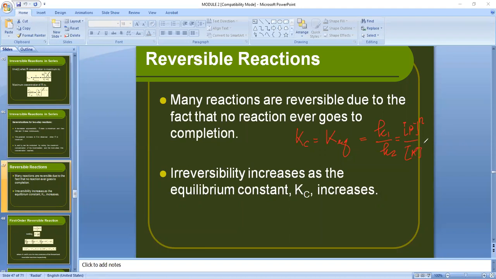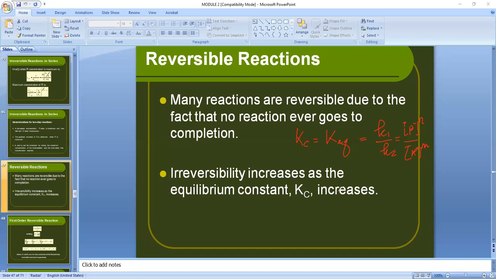If you have several, you just write the product of these concentrations. Several products raised to their coefficients in the balanced chemical reaction, several reactants raised to their coefficients. You take the product of those, and you will have the numerator and the denominator for this equilibrium constant expression.